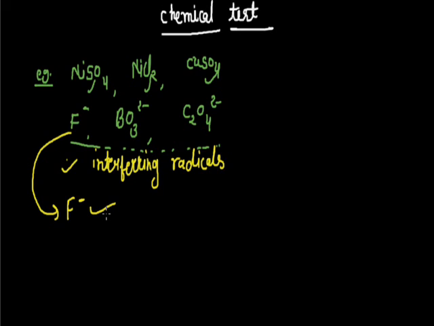The remaining mixture, which does not contain fluoride ion, is further used for the investigation of the cation. Similarly, if we have borate or oxalate, we first remove these ions by a chemical method, and the remaining solution is used for identification of the cation. So we always investigate the anion first.